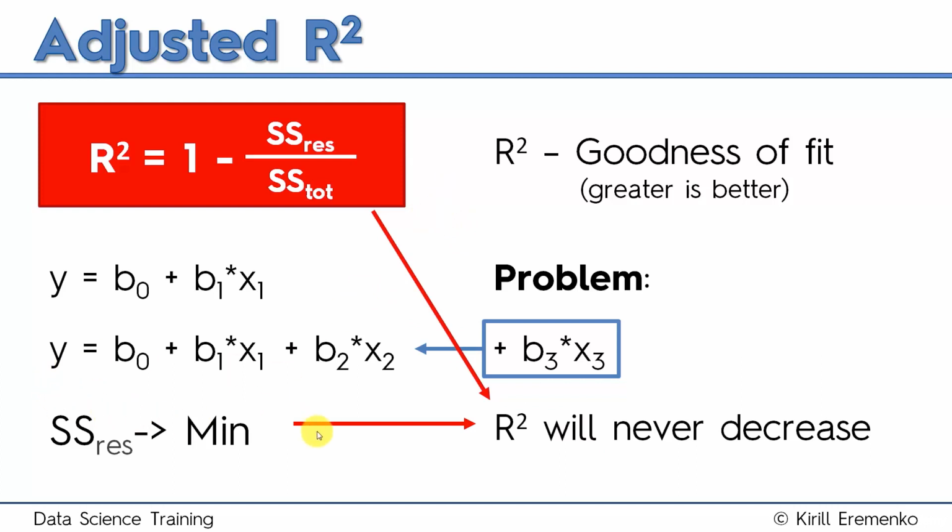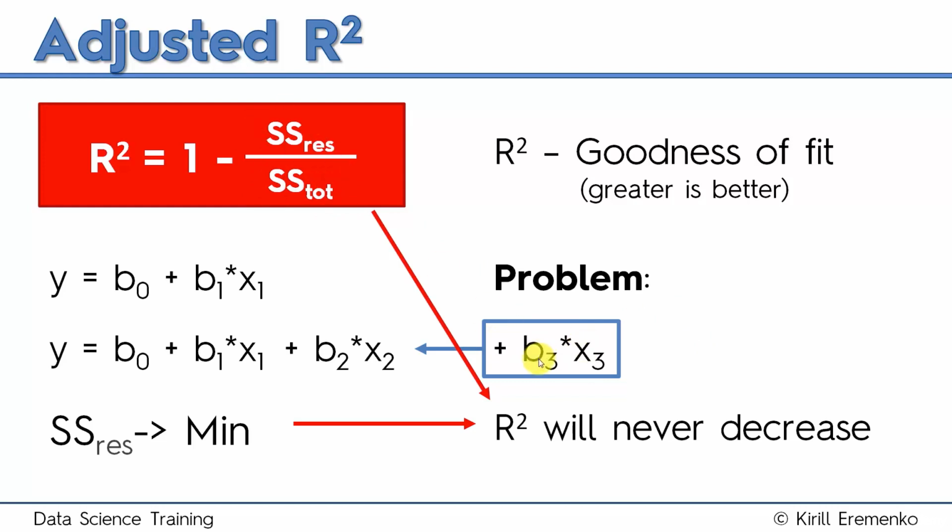And the fact that we're trying to minimize the sum of squares of residuals means that either this new variable will help minimize it, somehow the regression process will find a way to give it a coefficient that will help minimize the sum of squares of residuals, and in that case, R squared will be 1 minus something that is less than it used to be, divided by the same value, because by adding a new variable, we're not affecting the observations, we're not affecting the averages of the observations. This does not change.